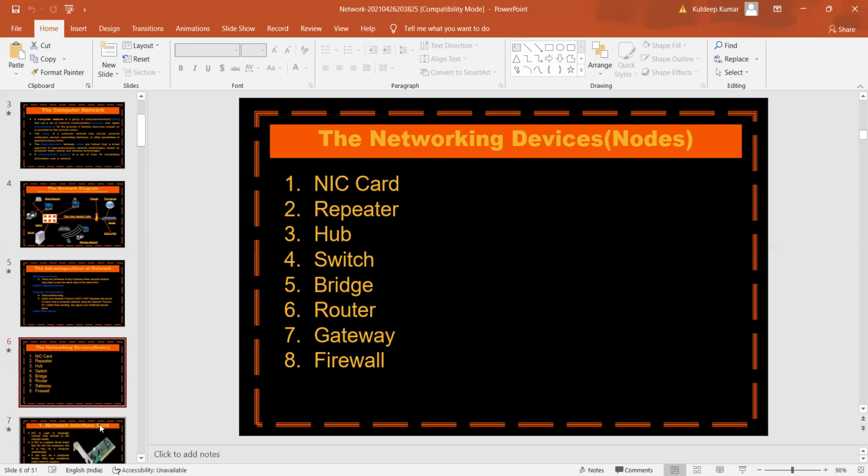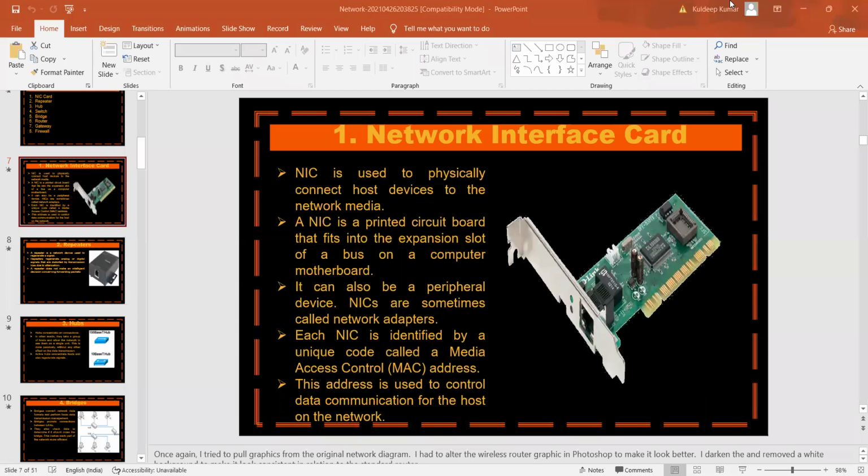There are some networking devices, or you can say some nodes: NIC cards, repeaters, hubs, switch, bridge, routers, gateway, and firewalls. They have different functions. Depending upon their usability, we can use them.